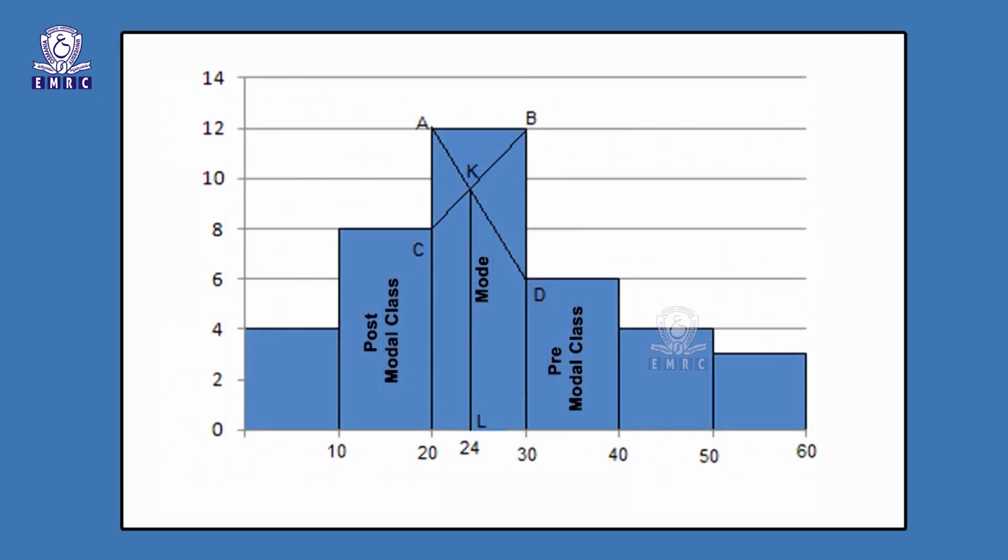Draw a perpendicular from the point of intersection of these two straight lines to the x axis. The point where it meets the x axis gives the value of the mode. However, graphic location of mode is not possible in a multimodal distribution.